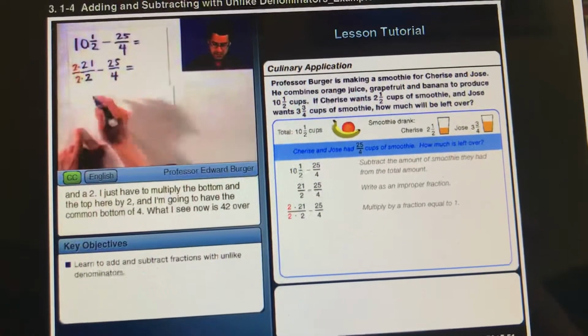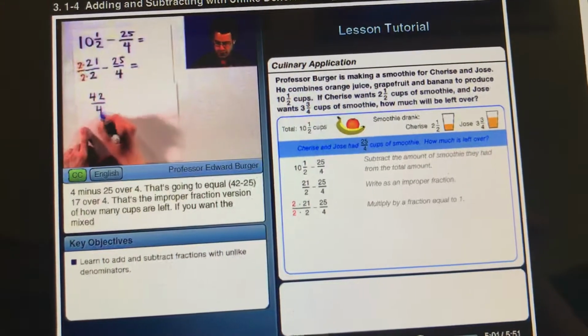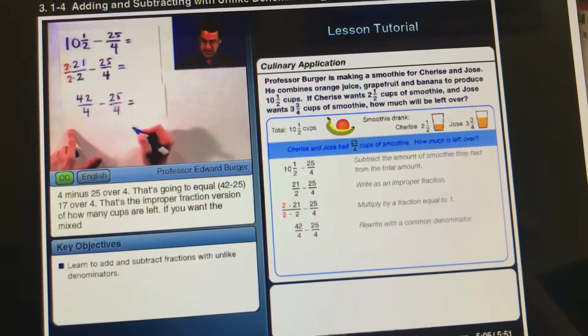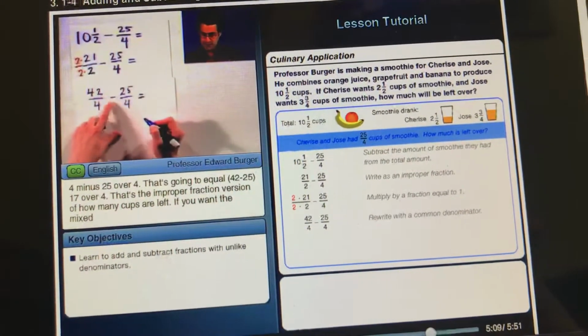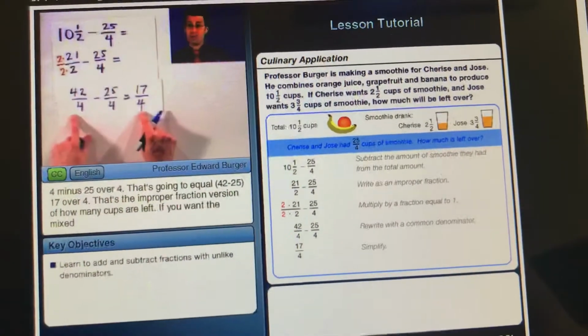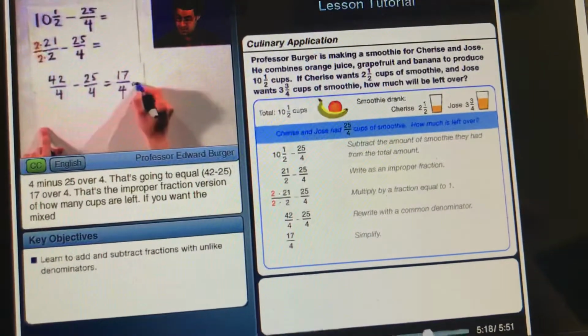And so what I see now is 2 times 21 is 42 over 4 minus 25 over 4. And that's going to equal, well, now I've got to take 42 and subtract off 25, and I'm left with 17 over 4, over that common bottom. That's the improper fraction version of how many cups are left.